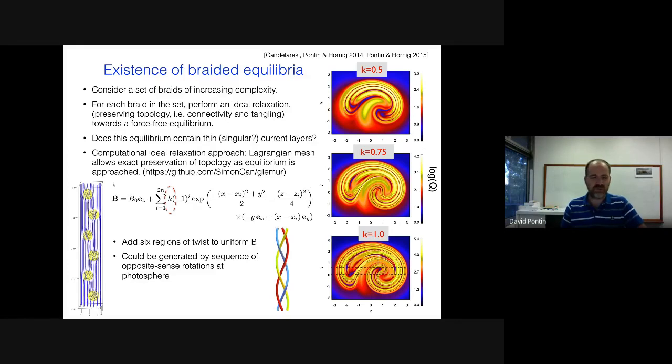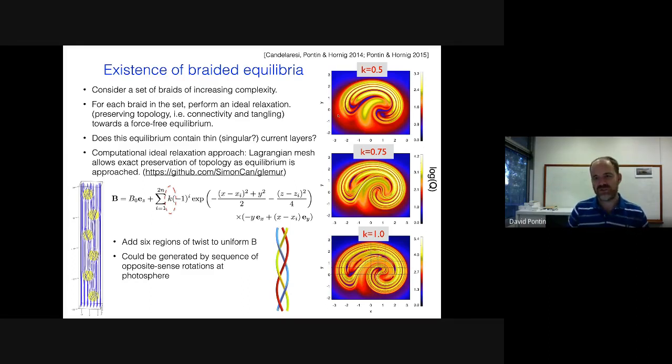The expression for the magnetic field is shown in the equation. The only important thing to notice is basically this parameter here, k. The parameter k basically controls the amount of twisting and tangling that the field lines experience as they travel from one end of the box to the other.